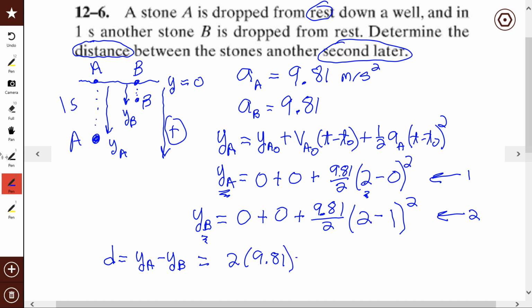That's where A is, minus 9.81 over 2 times 2 minus 1, which is 1, squared is 1, so this would be 9.81 divided by 2. So you subtract that, and that's your distance, which you can get with your calculator.